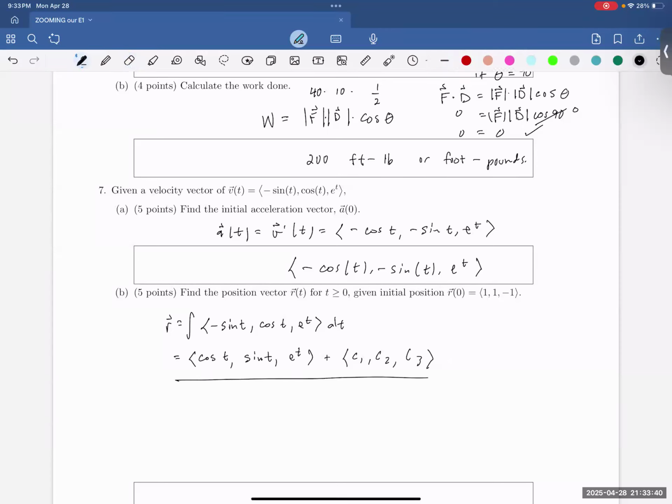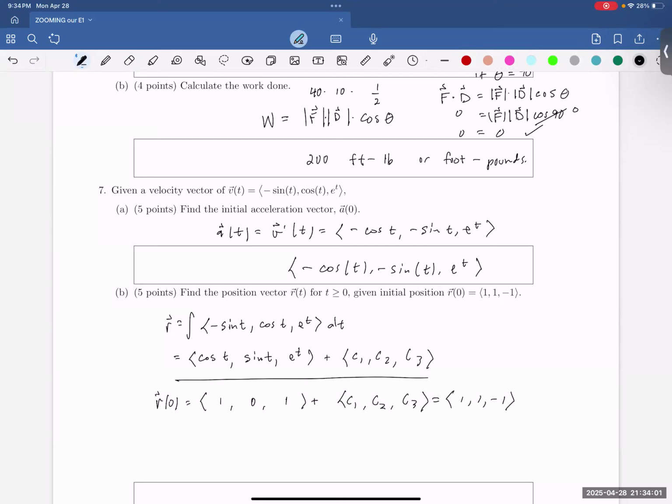Then if you're going to recover the constants, r of 0 is cosine 0, that's 1, sine 0, that's 0, e to the 0 is 1, plus our constants, and it's equal to 1, 1, negative 1.